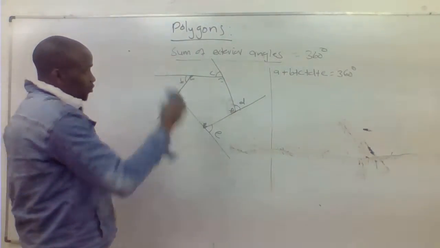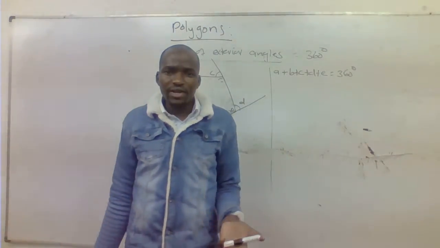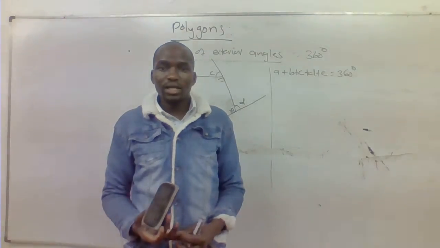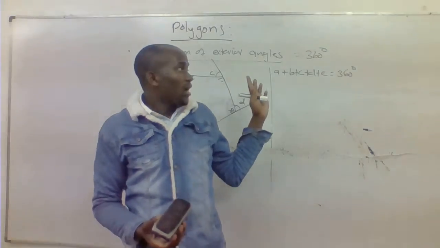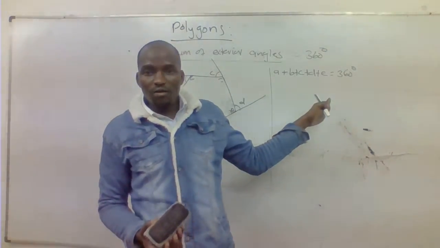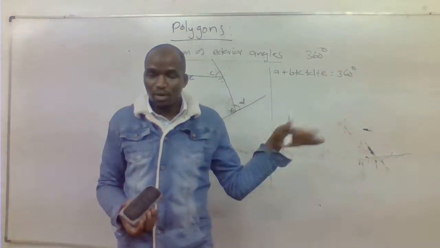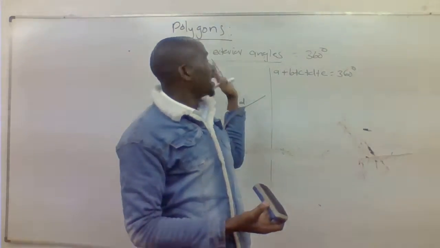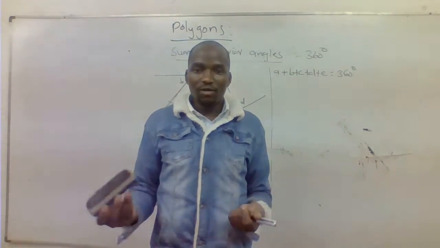So those two concepts that we have learned, how do they help us to solve various questions on polygons? This is a very common question that always comes with 3 marks in section A. So I want us to apply the concepts learned, that is the sum of interior angles of a given polygon is given by 180 bracket n minus 2 or 90 bracket 2n minus 4, and the sum of exterior angles adding to 360 irrespective of the number of sides.